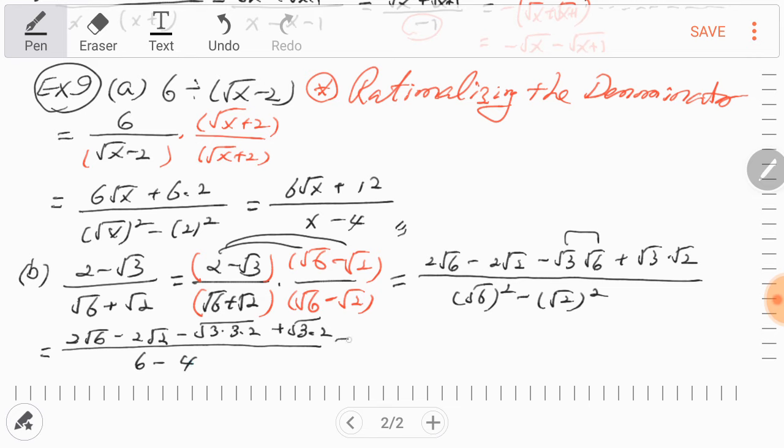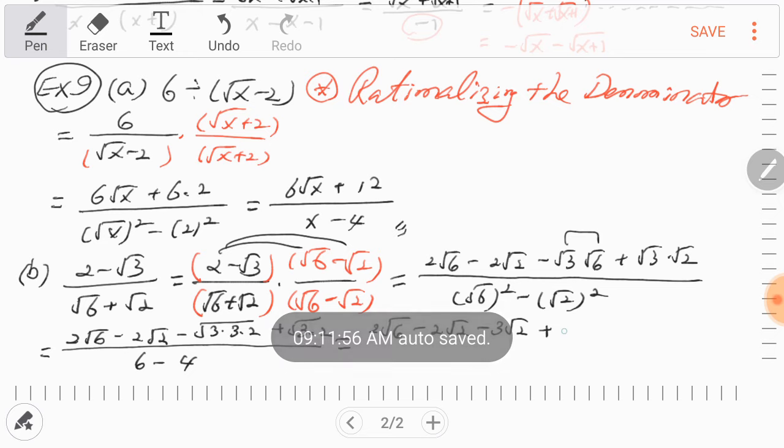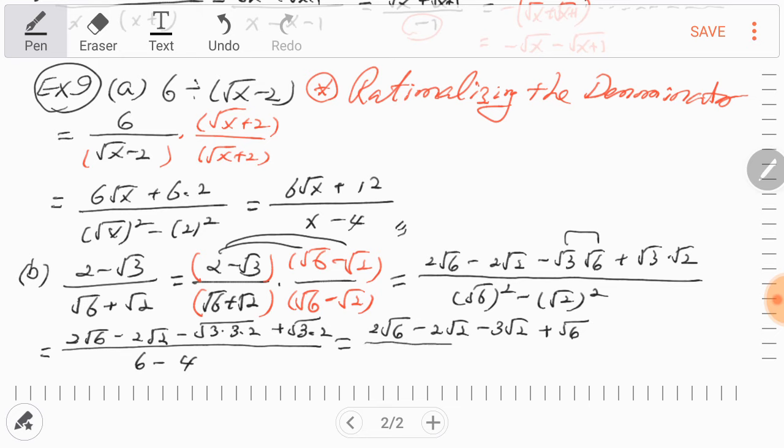So the numerator is 2 square root of 6 minus 2 square root of 2 minus 3 square root of 2, because 3 times 3 is 3 squared, so we can take 3 out, plus square root of 6, and the bottom is 2. So combine the numerator.